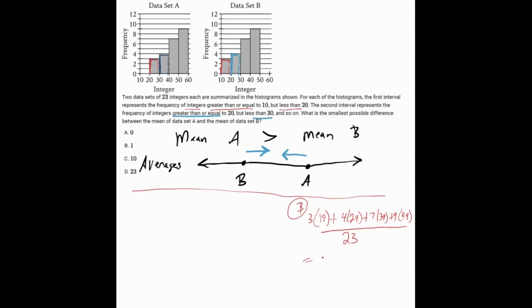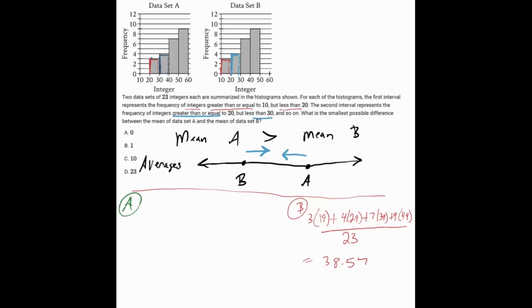Actually, 38.57. So now let's look at data set B. We said we wanted, I'm sorry, that's data set A. We said we wanted data set A as small as possible.